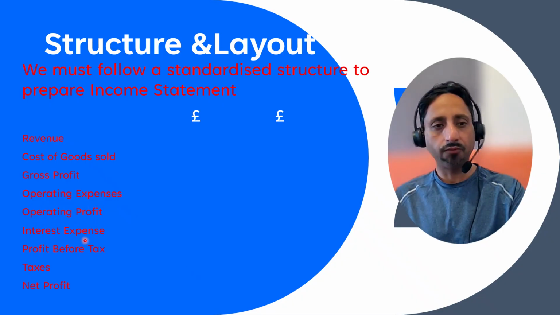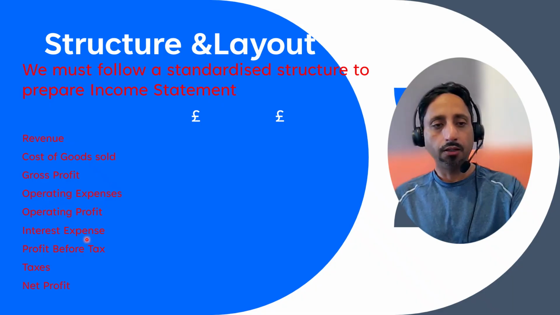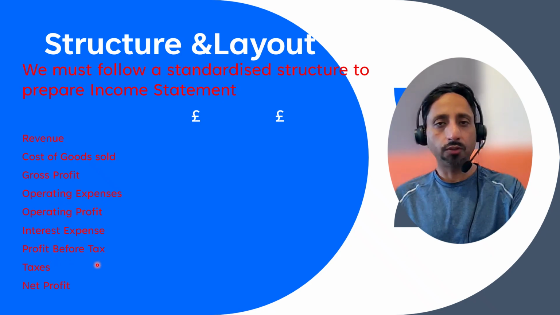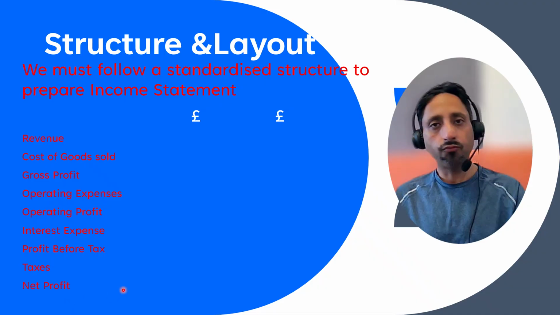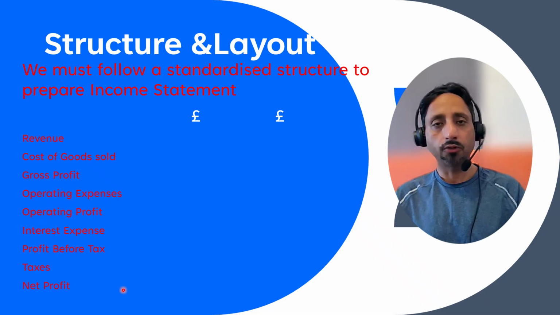After that, we'll have interest expense, and we can also have interest income, but that will be under the interest heading. Then we'll have profit before tax. After that, we'll have taxes, and then we'll have net profit. So we have to follow the order. So that is what I mean by standardized structure and layout.